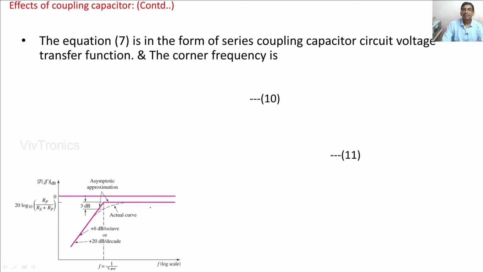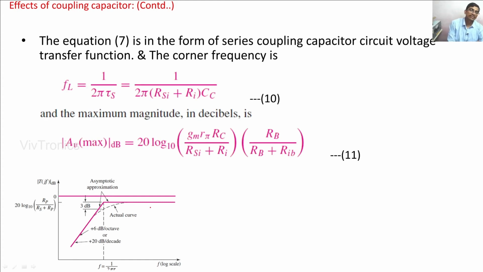Equation number 7 is in the form of a series coupling capacitor circuit, and the lower corner frequency can be given as FL equal to 1 by 2 pi tau S. Replacing tau S as RSI plus RI into Cc, FL is equal to 1 by 2 pi RSI plus RI into Cc, which is equation number 10.